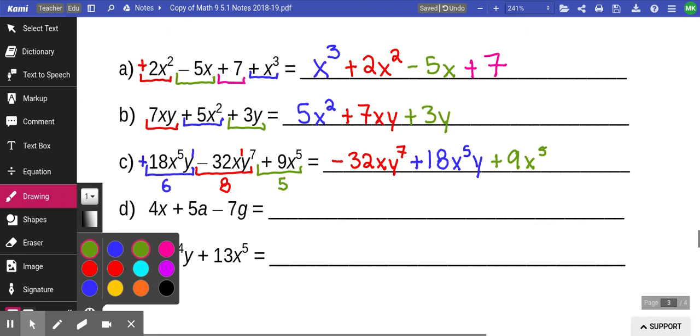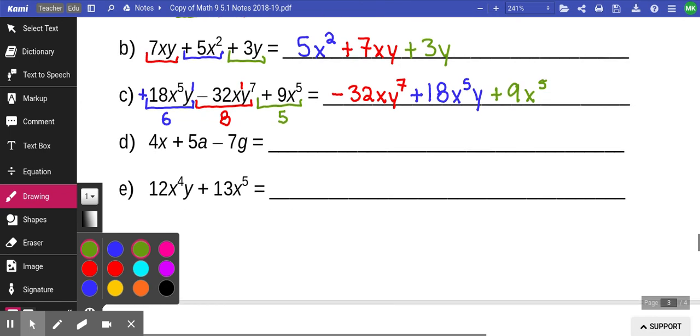Awesome. If we look at D, those all have the same degree. They're all degree 1. Right? We have x to the power 1, a to the power 1, g to the power 1. Technically, there is no standard form on how to write that, so anything would actually be acceptable. What I do, and what I would like to see you do, if you ever get things like that where it's all the same degree, just go alphabetical.